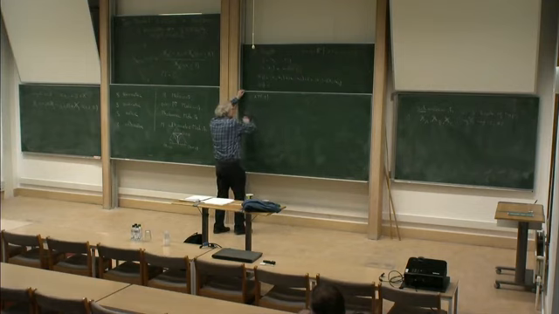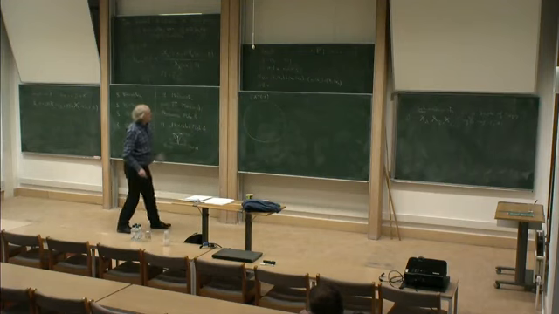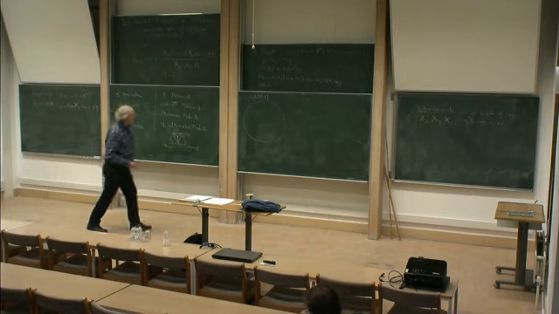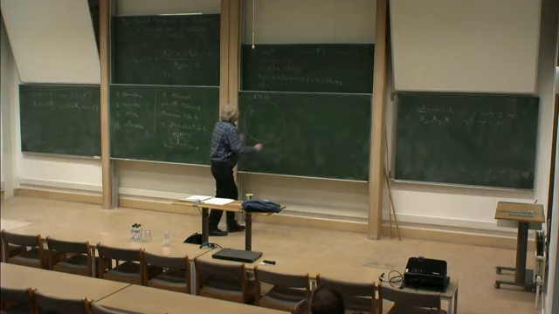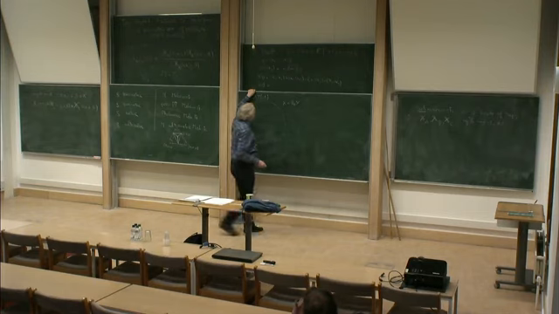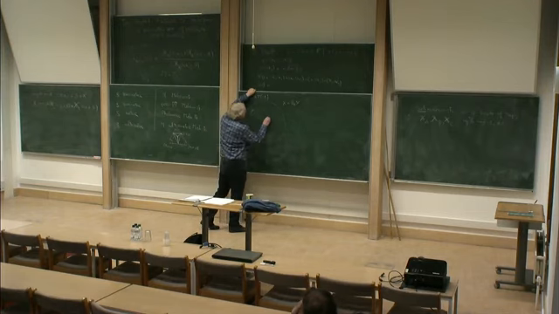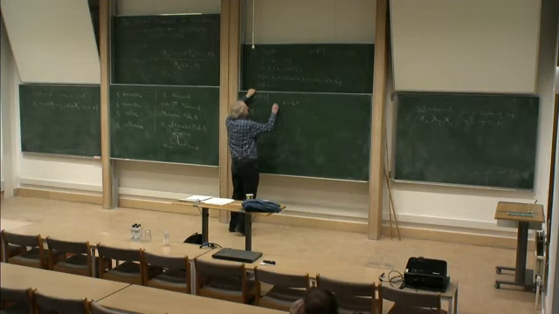So let's say CAT(-1) means that you have comparison with the hyperbolic space of constant curvature -1. Let's say you have a CAT(-1) space Y and X is the boundary at infinity of Y. You take a point O in the interior, and you have 2 points at the boundary.